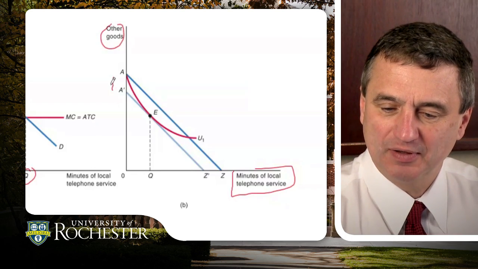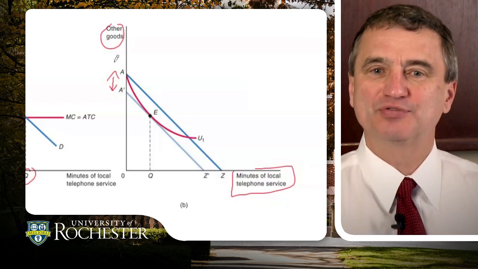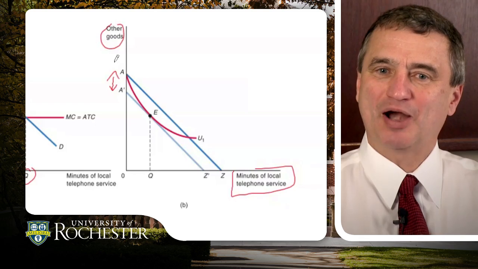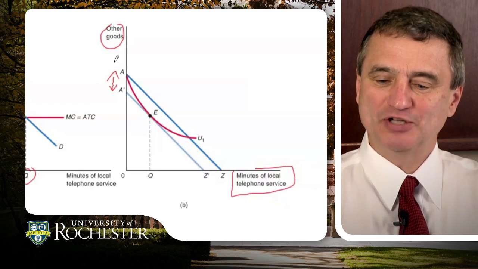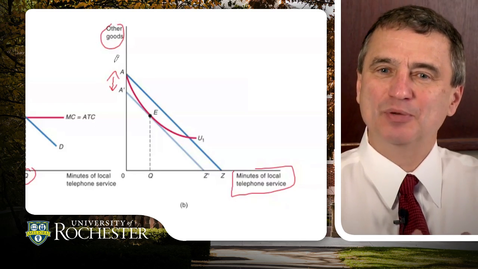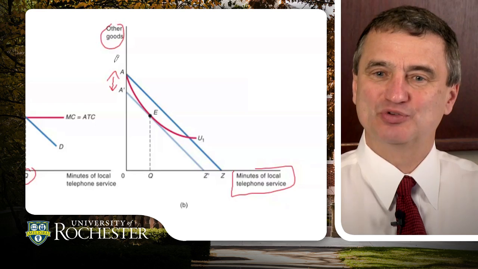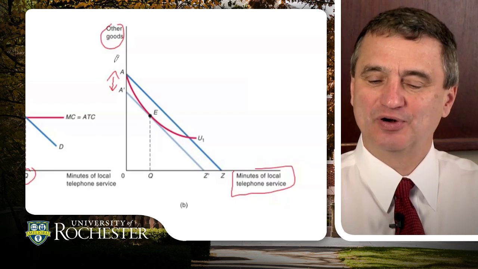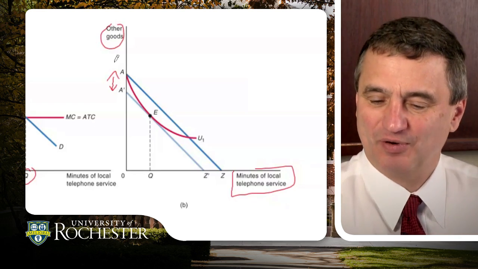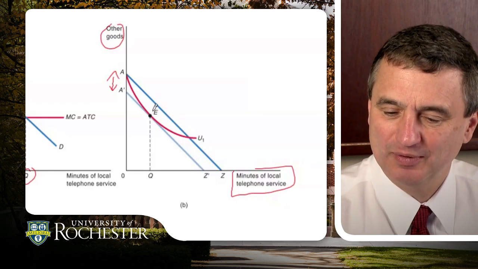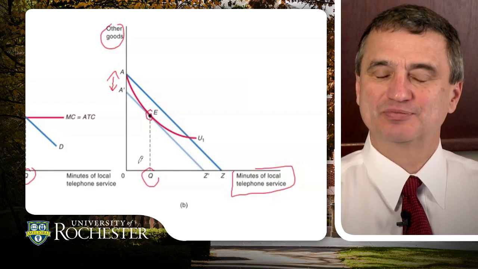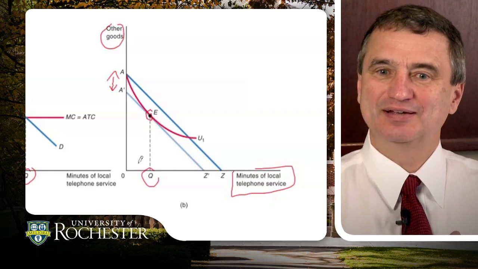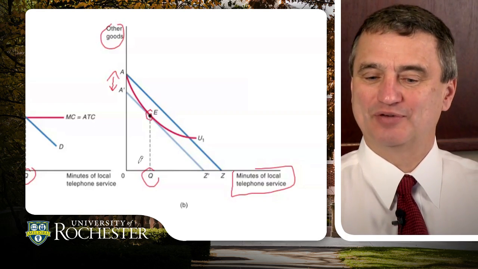What the entry fee involves is figuring out how much we can parallel shift down the initial budget constraint of AZ, how much income we can take away from the consumer and leave her indifferent between being able to purchase Q units of phone service and not having any phone service whatsoever.